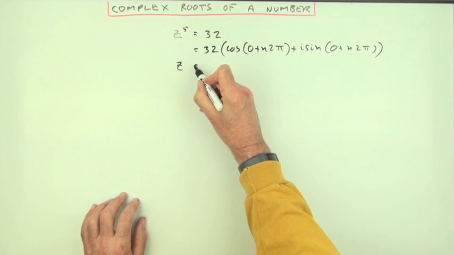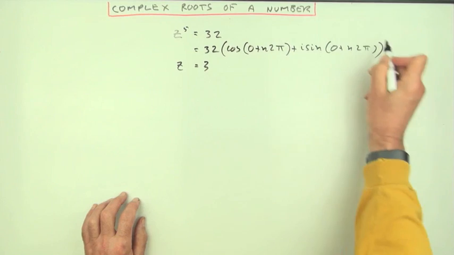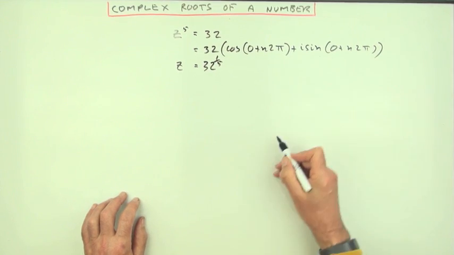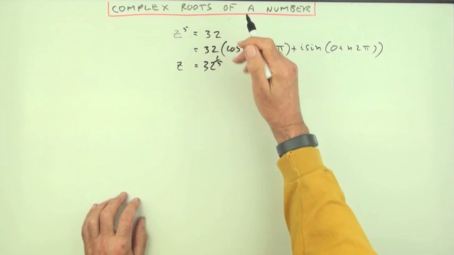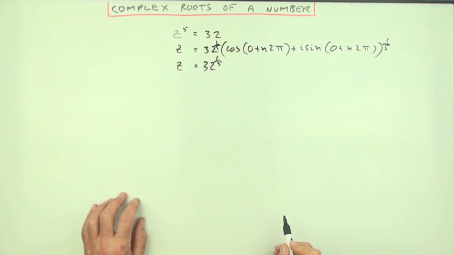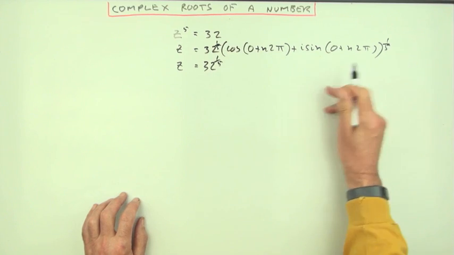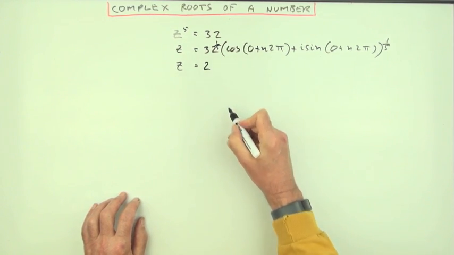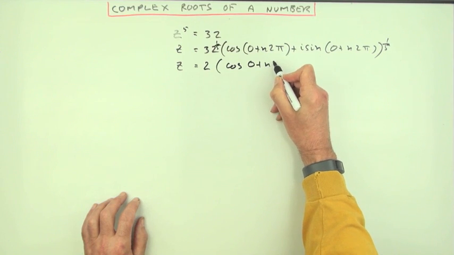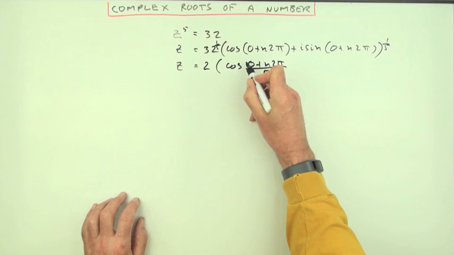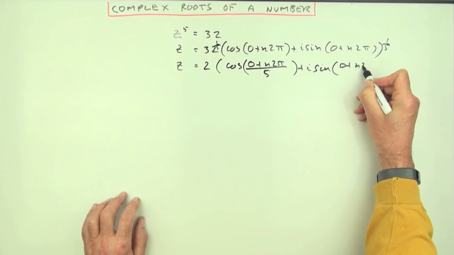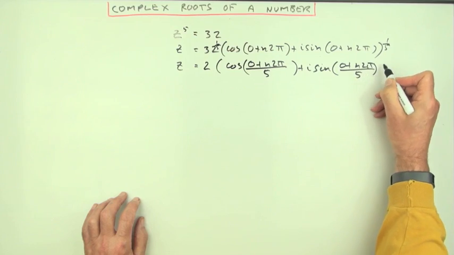And then to get z itself, you take the fifth root of the whole thing, so that'll be 32 to the power of a fifth, and then it'll be this whole thing here to the power of a fifth. But we'll just pop it down here and just say z, so it'll be that to the power of a fifth and that to the power of a fifth, which turns that into, now that I've done that, I might as well pop this back down to a 2 now, turns that into cos, I know 0 doesn't make any difference, divided by 5 plus... I'm just spending a lot of time writing exactly the same thing again, haven't I?